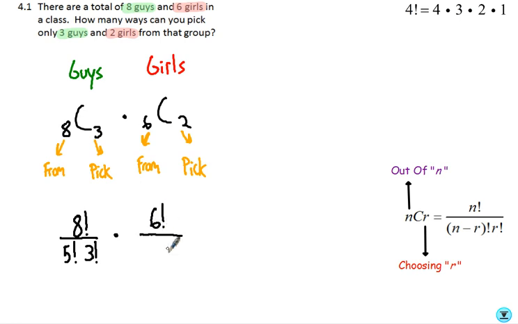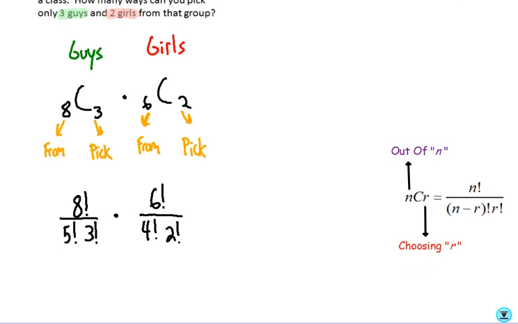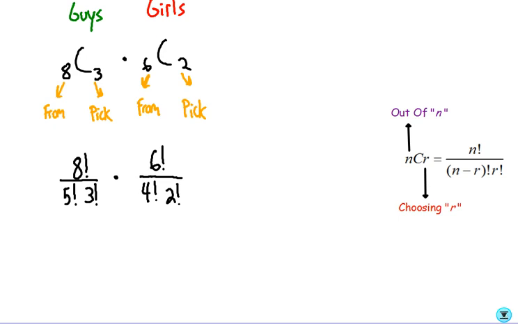We don't want all 6, we just want 2. So if we pick 2, that means there's 4 that we don't pick. And then from there we just want to simplify that. Now I'm going to show you a little bit of a shortcut that I didn't quite show you on the last one when it comes to writing these things out.